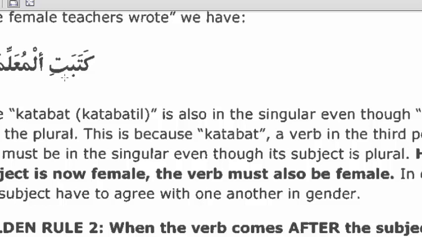It can't be kataba al-mu'allimat because kataba refers to a male, he wrote, and al-mu'allimat refers to a female. So that doesn't work. You've got to change it and add the ta marbuta, add the ta to make it female. This applies when the verb is before the noun, and this is very common in Arabic. You'll find this all the time, that normally in Arabic verbs start the sentence.